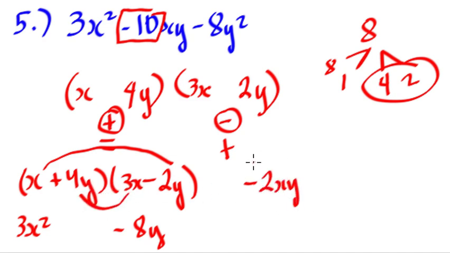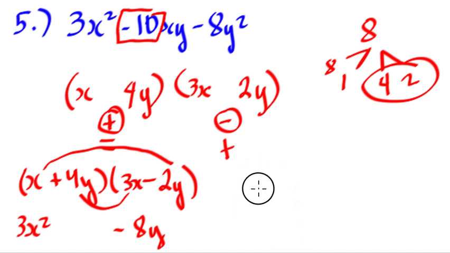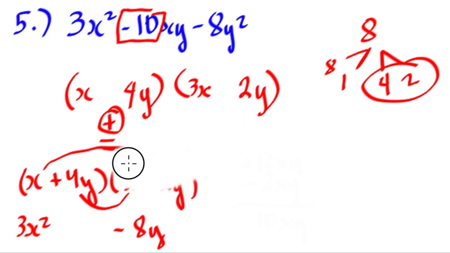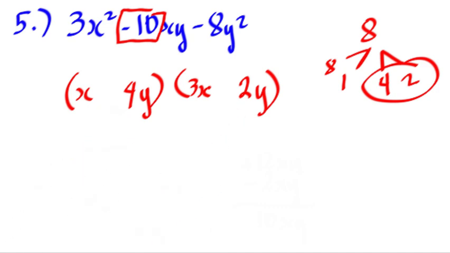So we have positive 12xy. Yeah, that's going to give us 10, but it's not negative 10, it's positive 10. So meaning there's something wrong with our choices. Not really the choices of numbers, the operations rather, the signs. Now, let's try to flip it.